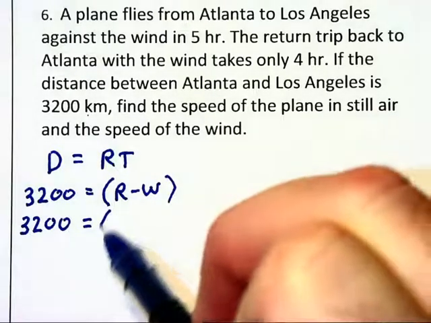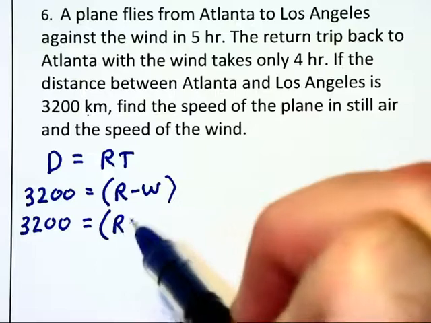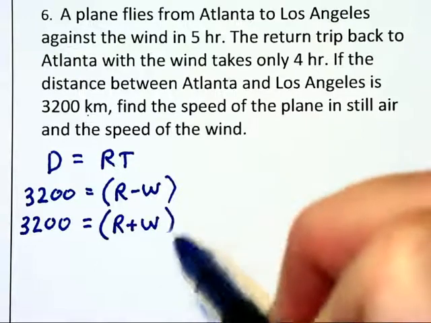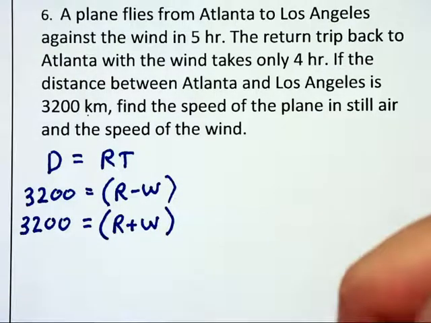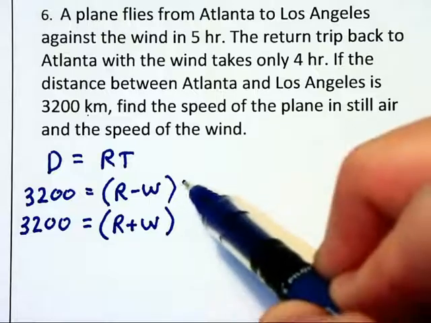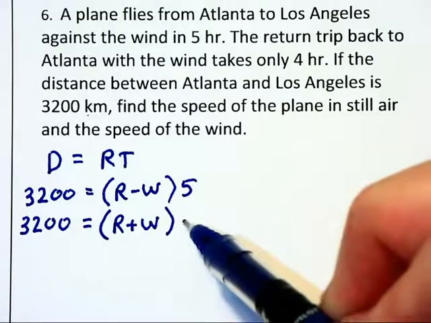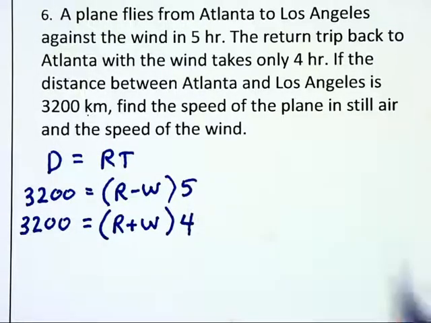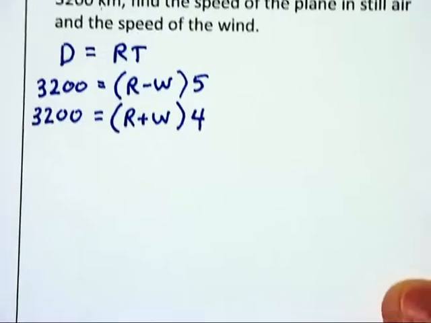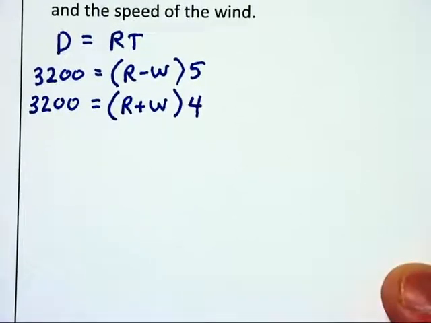For the other portion of the trip, you're going to have the wind at your tail, and so you will have r plus w. Now the first journey took 5 hours and the second journey took 4 hours. And there we have two equations with two variables which we can solve.